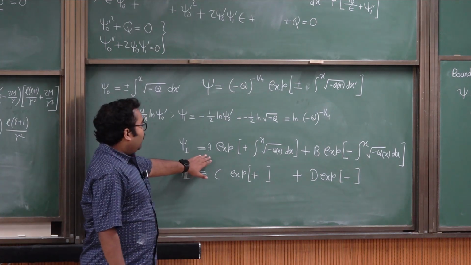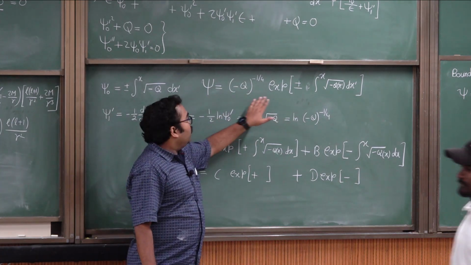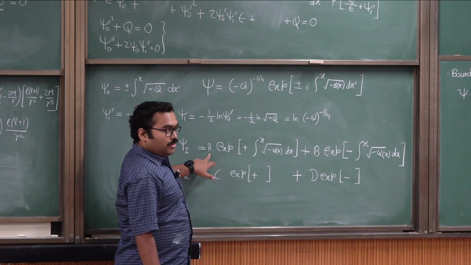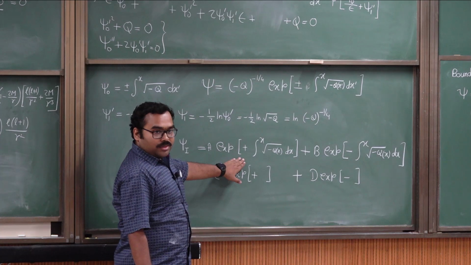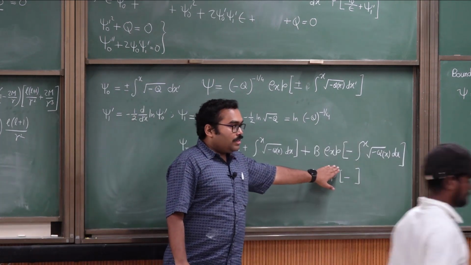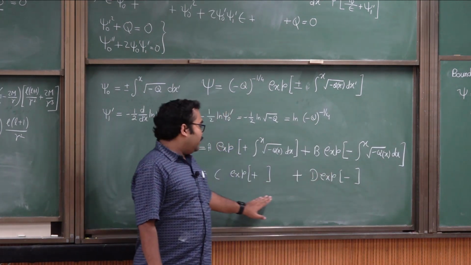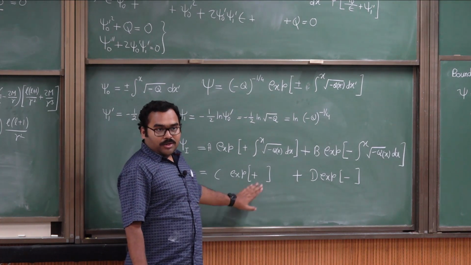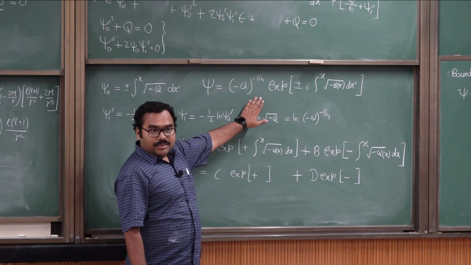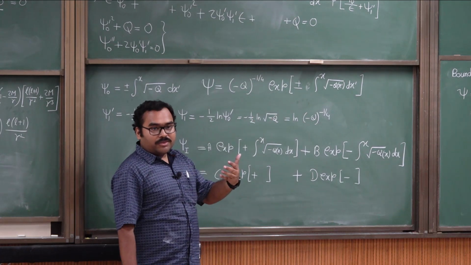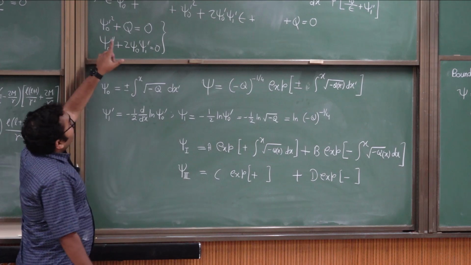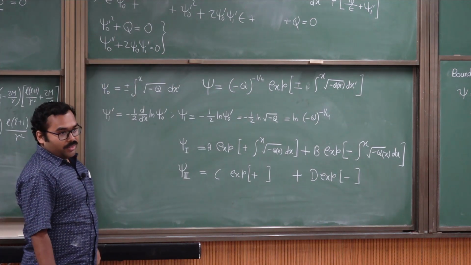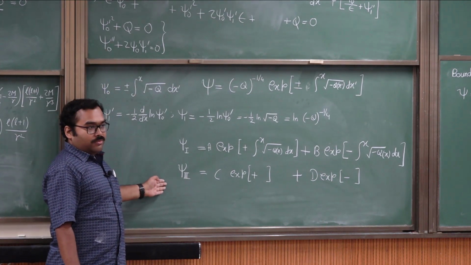I have this as the general solution, with of course root minus q to the minus 1/4 overall, but modulo that I have one term e to the power plus and another term e to the power minus. The same holds for region 3, because in both cases I can apply this WKB method since omega square is much larger than V, both in region 3 as well as in region 1, and hence these are the solutions that we can write.